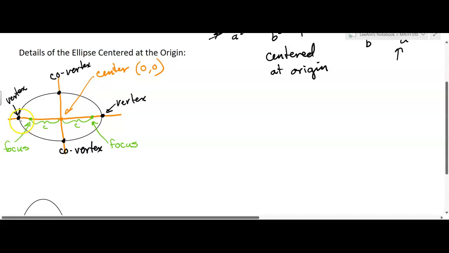This graph's going to get hard here. The distance between the vertices, this distance right here, is called the major axis. And the distance between the two co-vertices is called the minor axis.